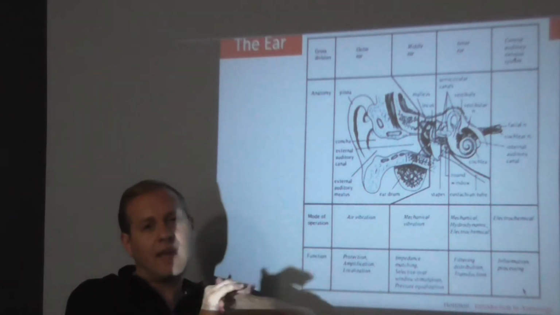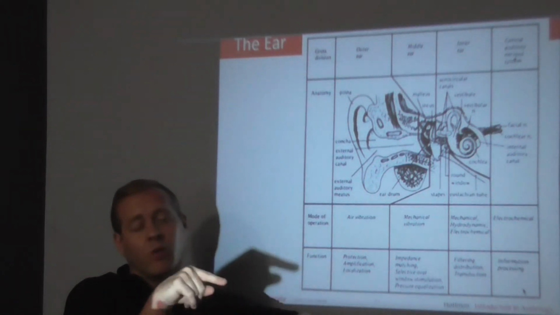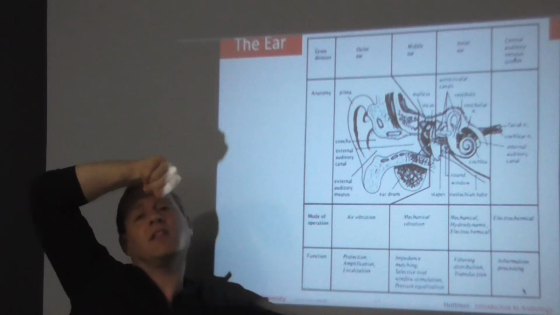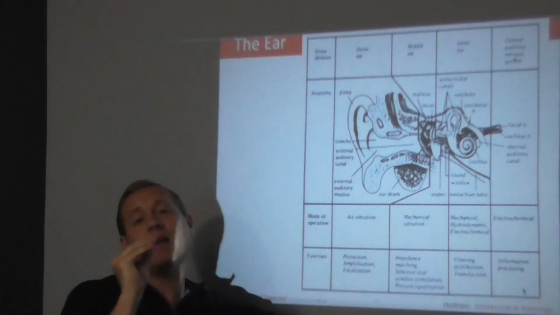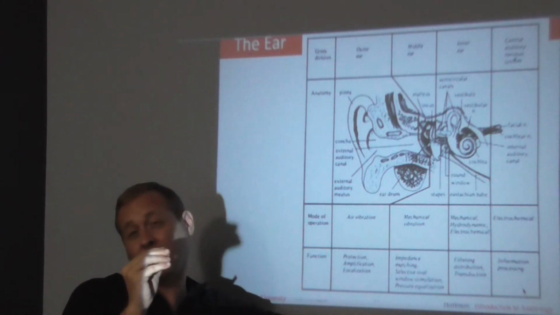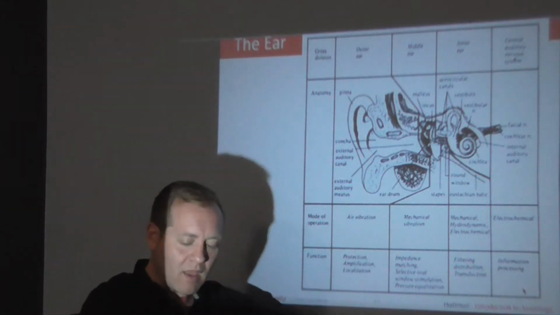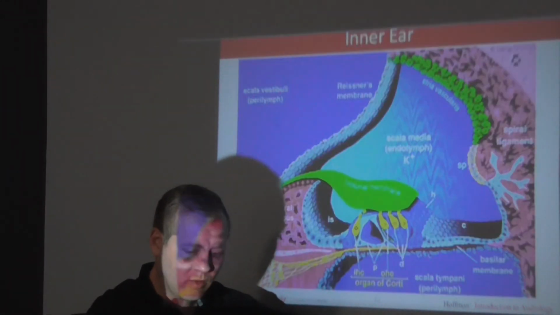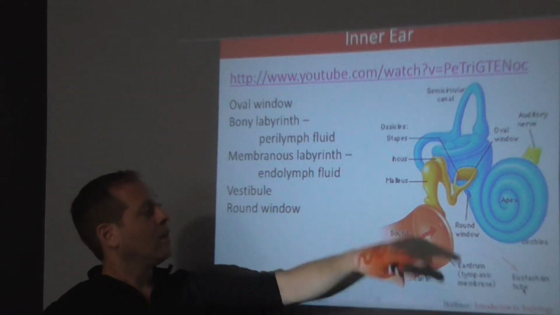Different hair cells at different points along the organ of Corti as it travels up the cochlea fire or move based on different pitches or different frequencies of sound. I'm going to go back to this picture. Okay.